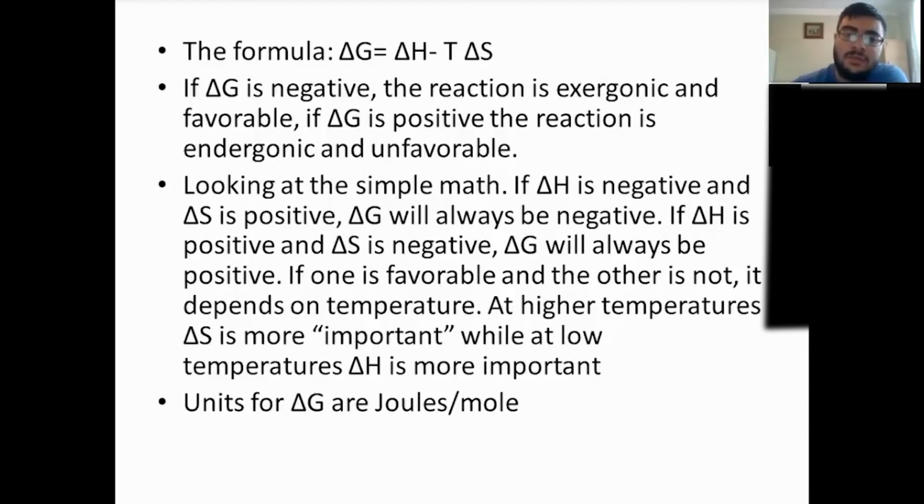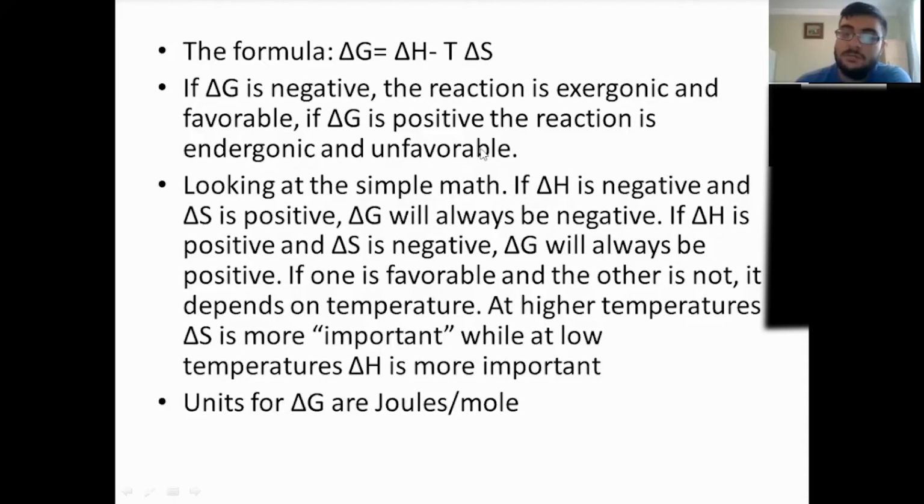Looking at this simple math, if delta H is negative, which is favorable, and delta S is positive, which is favorable, they'll both be favorable, and delta G will always be negative, right? You have a negative value minus a positive value, so it's always going to be negative and favorable.